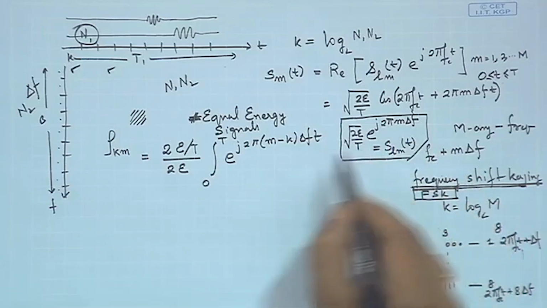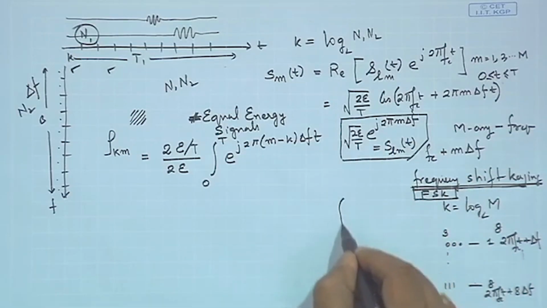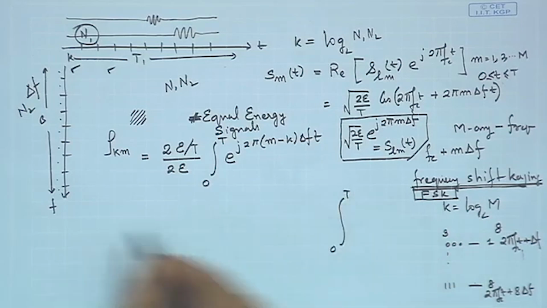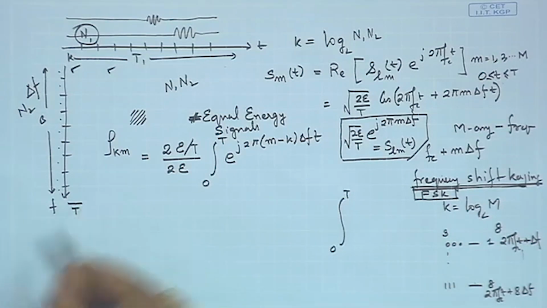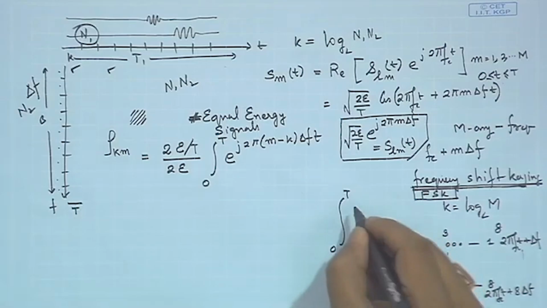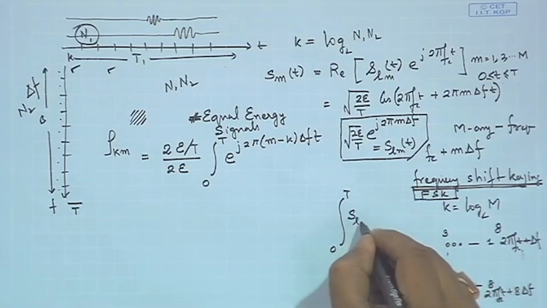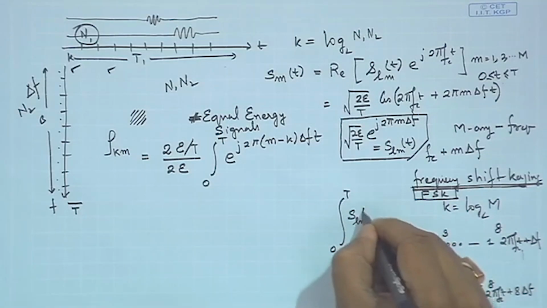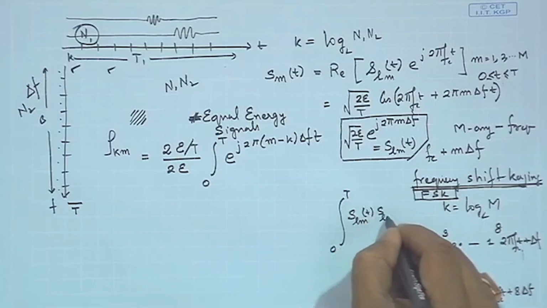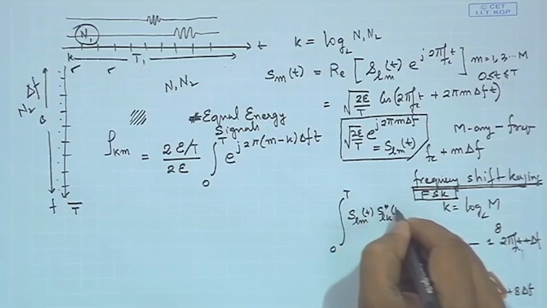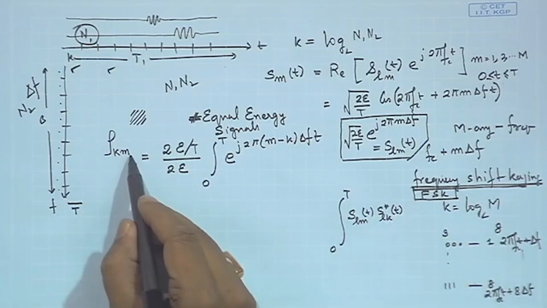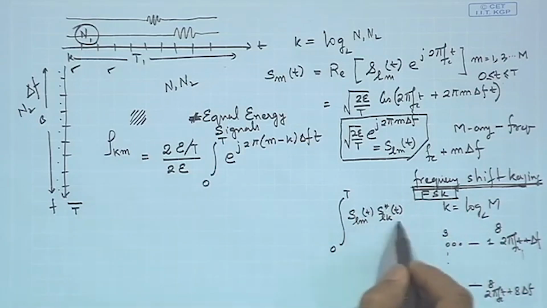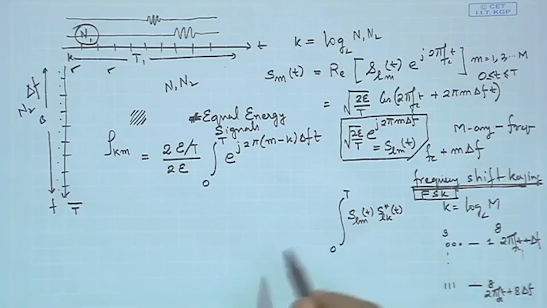So, when we are doing cross correlation, we will be integrating from 0 to T. So, this is valid for an interval of 0 to T, S L m t times S L k conjugate t would give rho k m. So, that is what we have done, and of course, normalized by the signal energy.